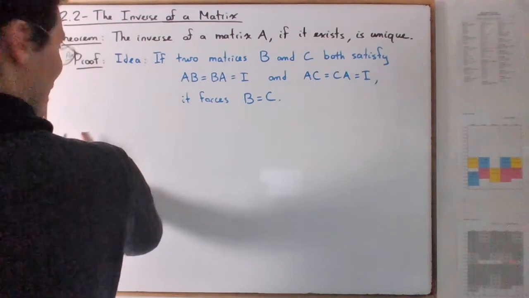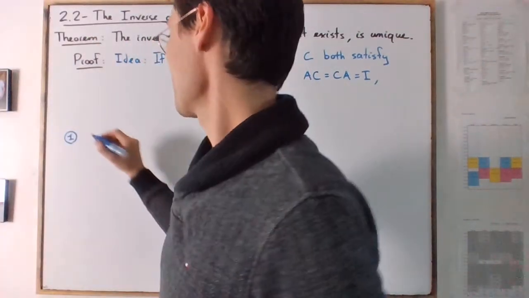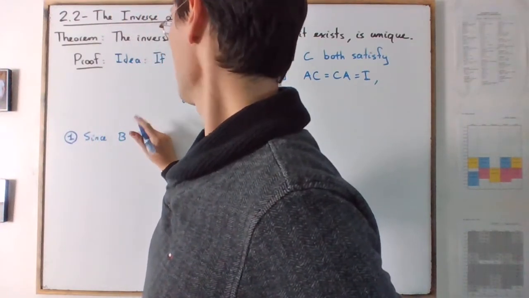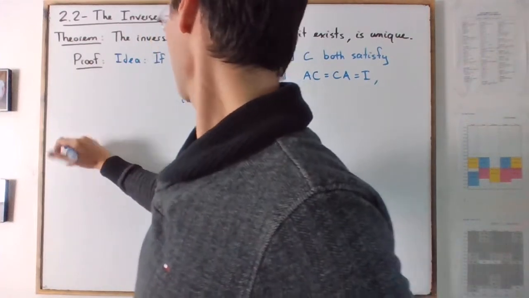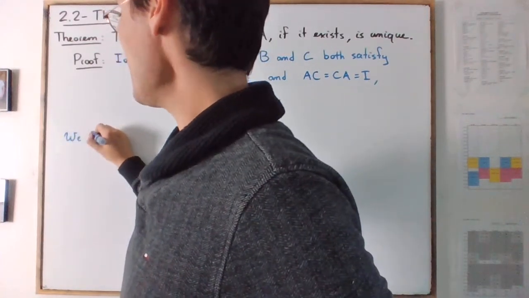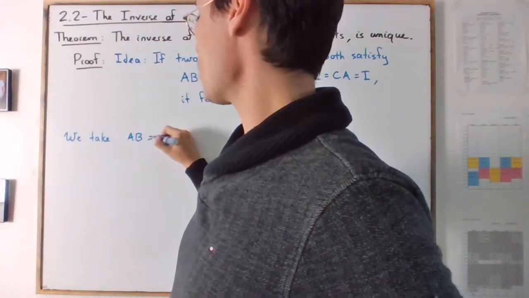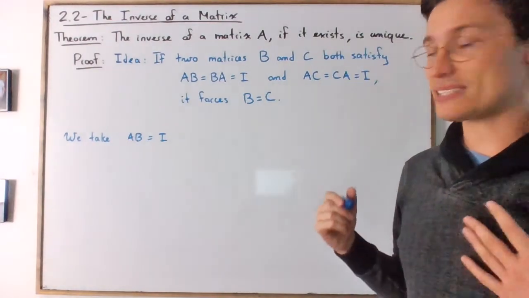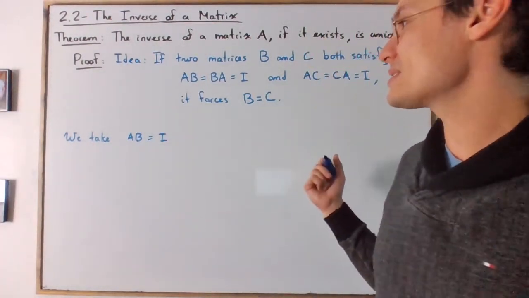Let's go one argument after the other. I'll label this argument number one. We take AB equal to I, and we multiply both sides of this equation by C, on the left.